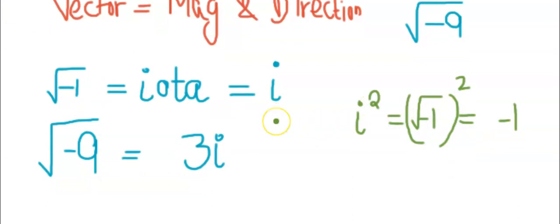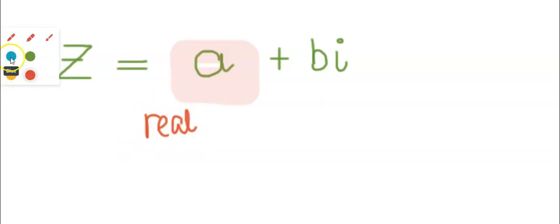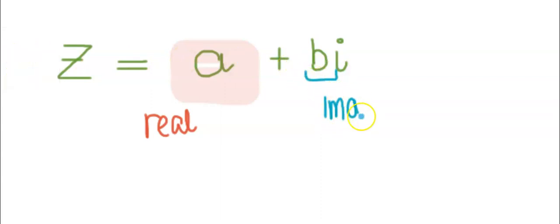In engineering, complex numbers are written in two forms. A complex number is denoted by the symbol Z, and it's a plus bi, where a is known as the real part, and b is known as the imaginary part.